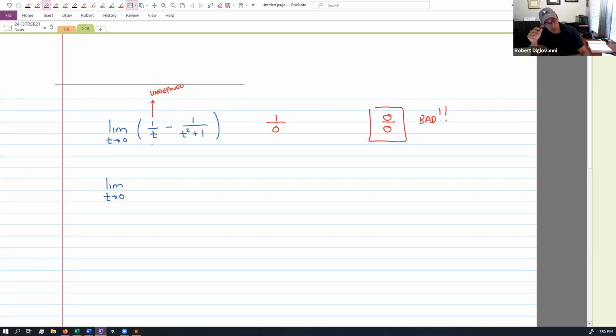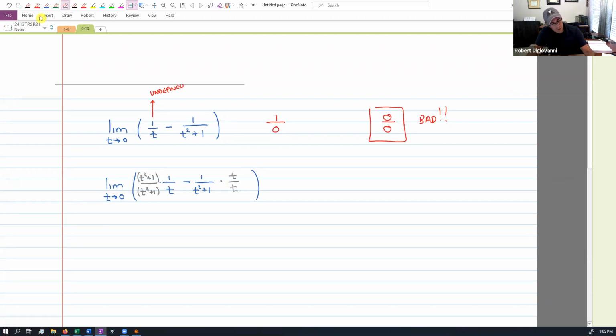I'm going to take my first fraction and multiply it by the denominator of the other fraction, t squared plus 1 over t squared plus 1. And then I'm going to subtract from that 1 over t squared plus 1, which I need to multiply by the other one's denominator, t over t. All I'm trying to do is combine these two into one fraction and see if things get any better or not.